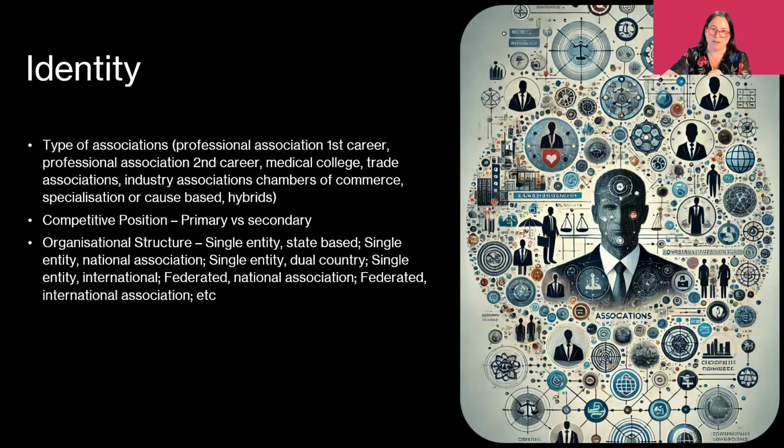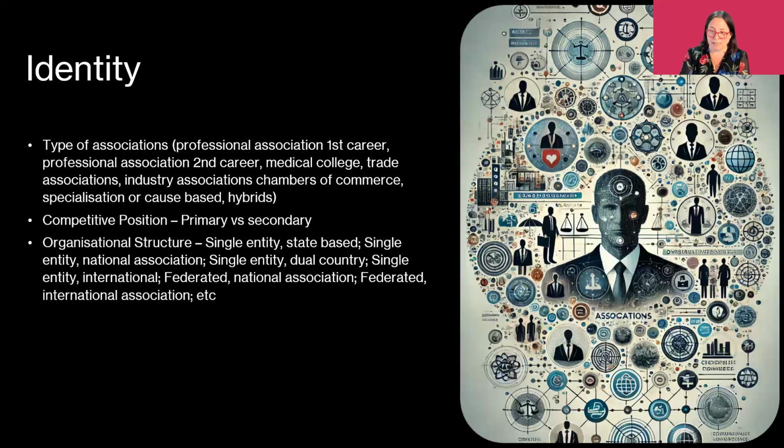I've been going through developing a whole heap of different categorization criteria for associations. But for the benefit of this group here, who is majority of these, you can be a first career professional association, which is one like lawyers, doctors, architects, where you tend to go to university, study, come out and work your way up through a career.